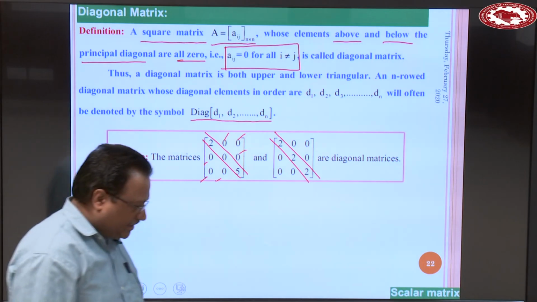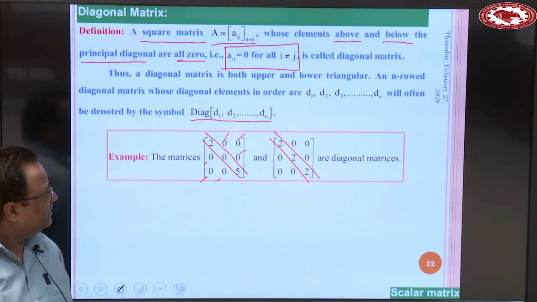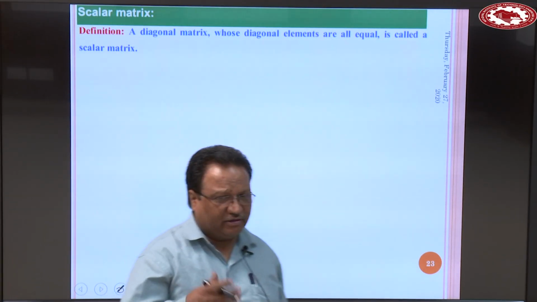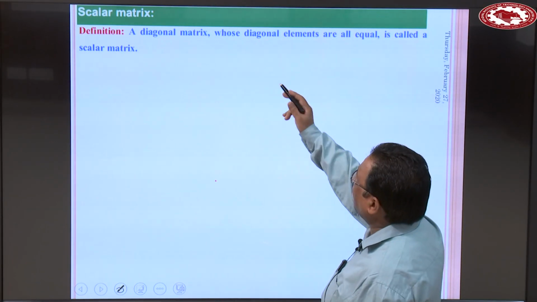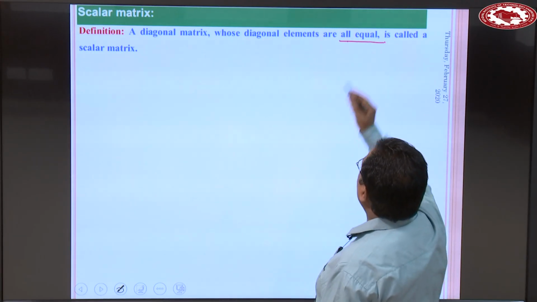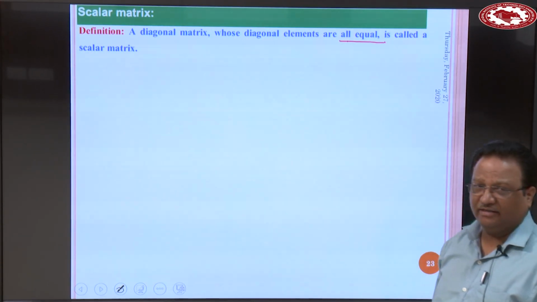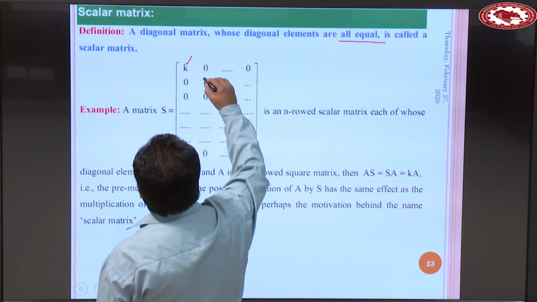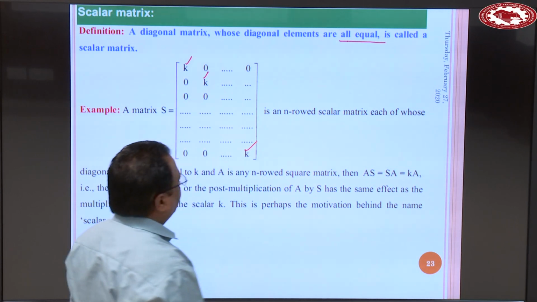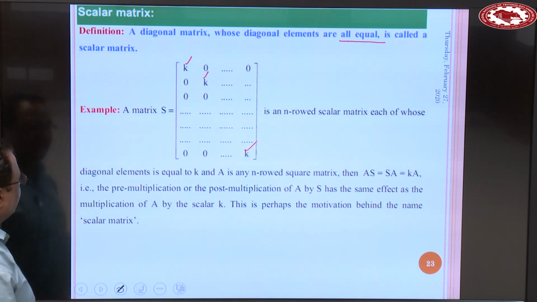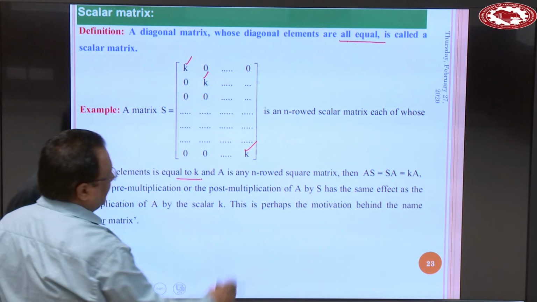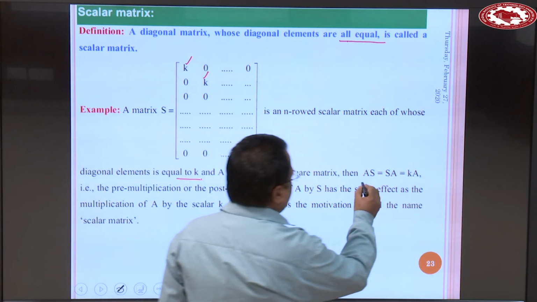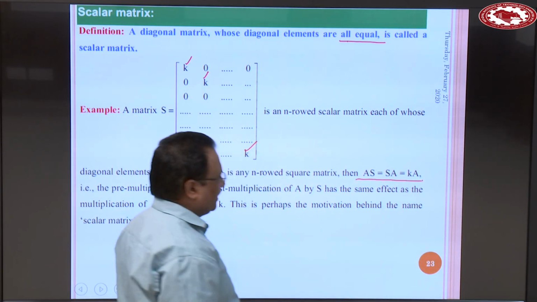Now, what is a scalar matrix? A diagonal matrix, which means the non-diagonal elements are 0, whose diagonal elements are all equal is called a scalar matrix, like this. If S is an n-rowed scalar matrix each of whose diagonal elements is equal to k, and A is any n-rowed square matrix, then AS is equal to SA is equal to kA.